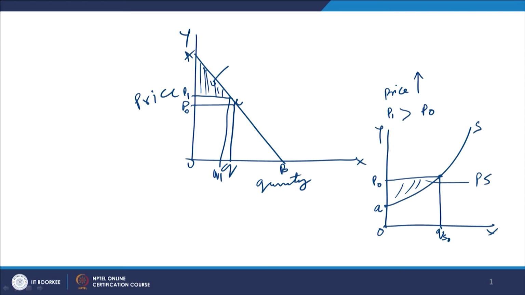Now, if the market price increases, then quantity supplied also increases, and producer surplus now becomes larger. So, obviously, the producer would like to have a higher price for their product because it will increase their producer surplus, and the consumer would like to pay a lower price, because if the consumer pays less, it will increase their consumer surplus.